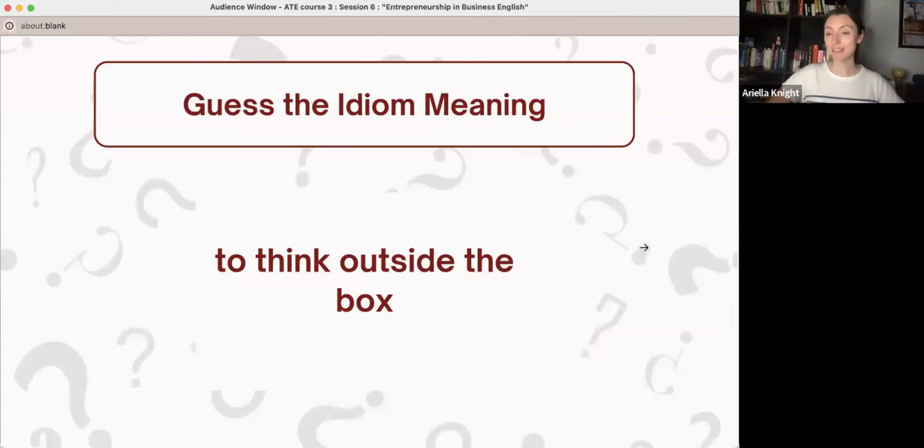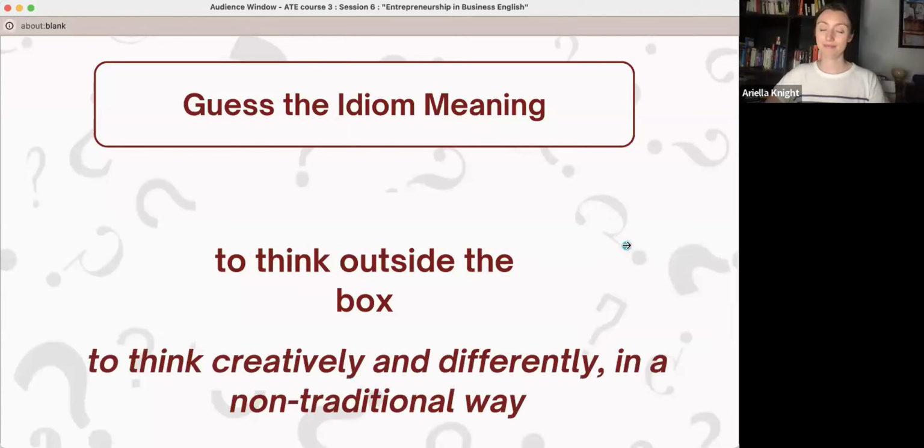Good. Anything else? To be limitless, to be open-minded, to think uniquely. Great. To think creatively and differently in a non-traditional way. So this is something we consider very positive. Oh, come on, everyone. It's time to think outside the box. Let's have some good ideas. Cool.